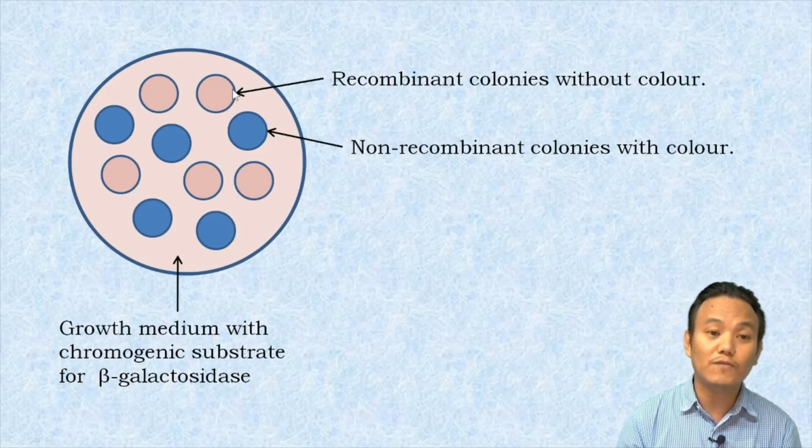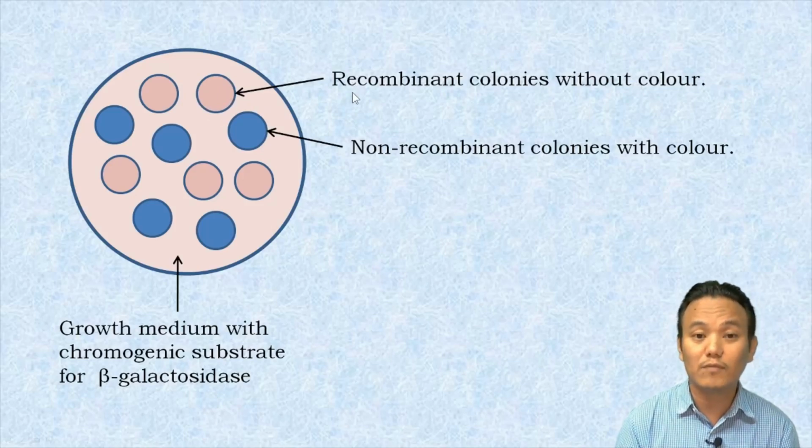And we see two different types of bacterial colonies, one which shows a colored reaction, this blue color, and one which does not show any colored reaction. So the bacterial colonies showing the colored reaction can be identified as non-recombinant colonies, and the colonies not showing any colored reaction can be called recombinant colonies. Why?